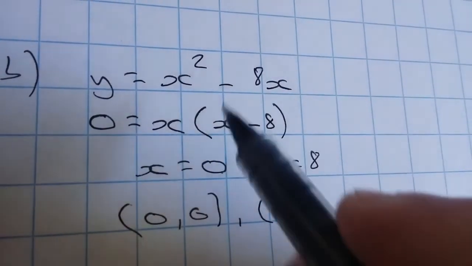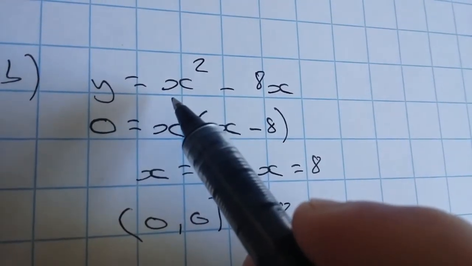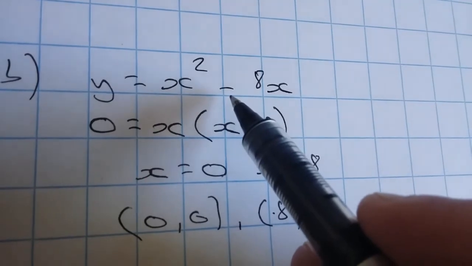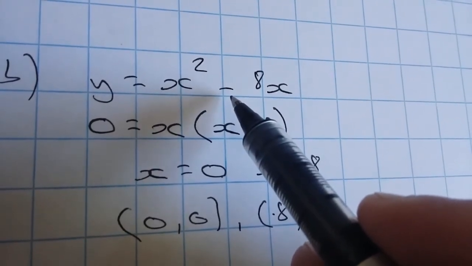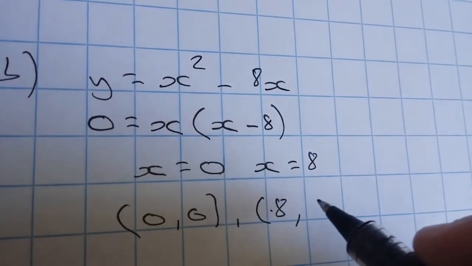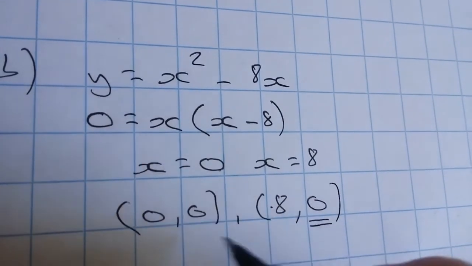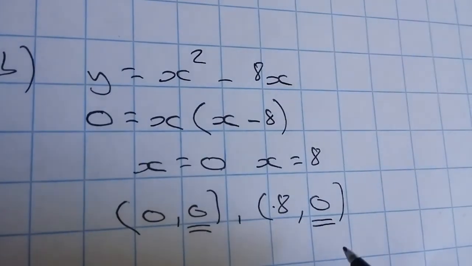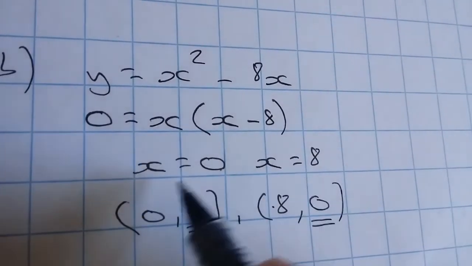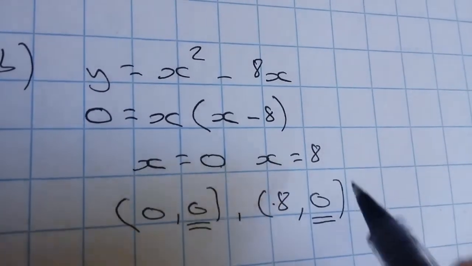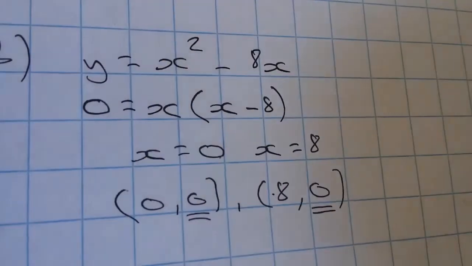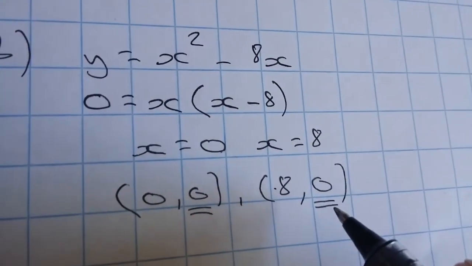If I put 8 back in the equation, 8 squared is 64, minus 8 times 8, 64, gives me 0. And that's what it should be. Both of these should be 0 to make them the roots. So in effect, I just need to work out these x coordinates to work out the root. Because if y isn't 0, it's not a root.